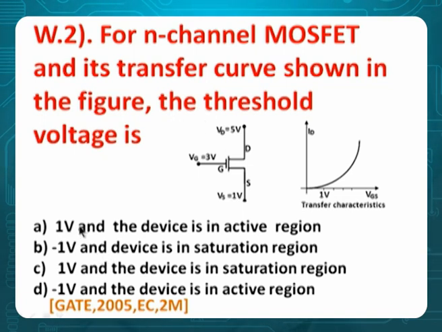The options are: threshold voltage 1 volt and the device is in active region; threshold voltage minus 1 volt and the device in saturation region; 1 volt when the device is in saturation region; and minus 1 volt and the device in active region. This is given in GATE 2005 EC, 2 marks.